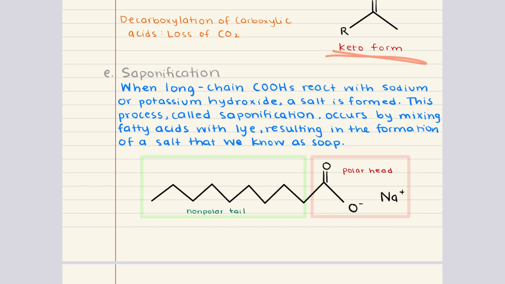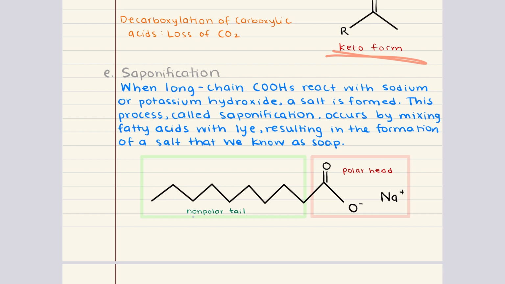The hydroxide ion from the base deprotonates the carboxylic acid, forming a carboxylate anion. This anion is then paired with a metal cation, such as sodium or potassium, forming a fatty acid salt. The structure of a typical soap molecule has two distinct regions.